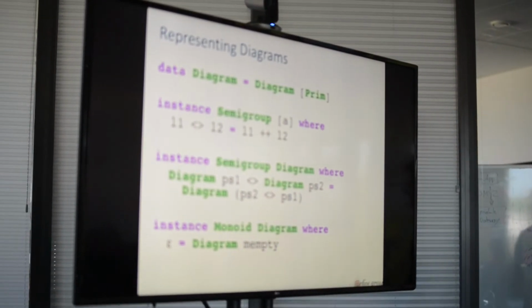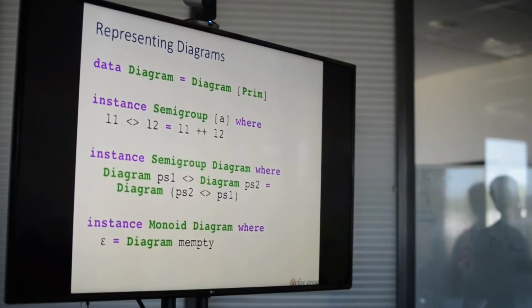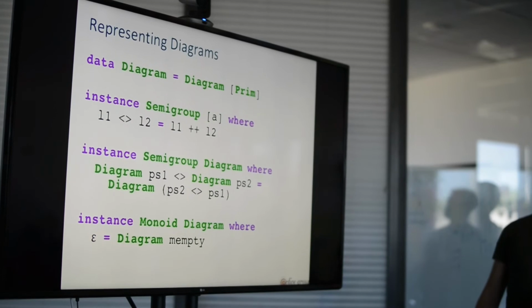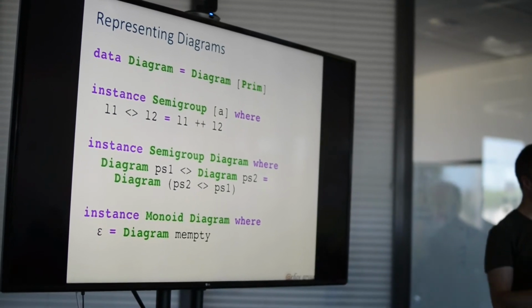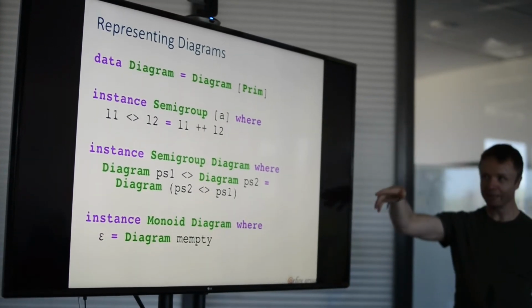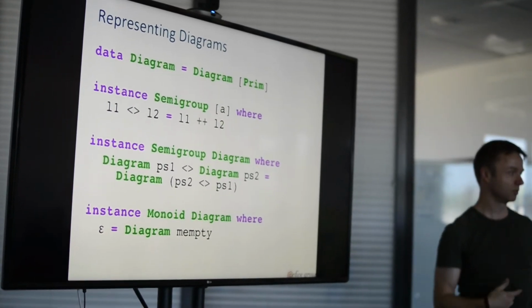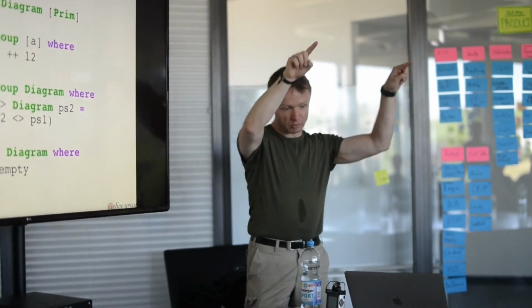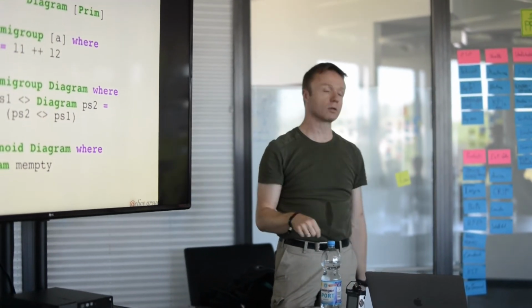So this is mainly a story about what Haskell programmers do, they have more practice with this: they think about these diagrams in terms of semigroups and monoids. And so they write down semigroup and monoid in their definitions. They say a diagram is just a list of primitive shapes like squares and circles and things like that.